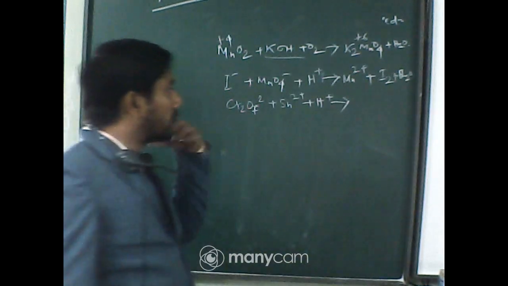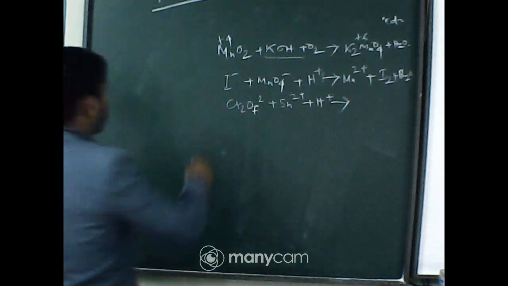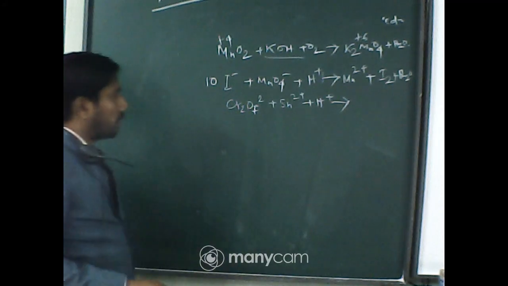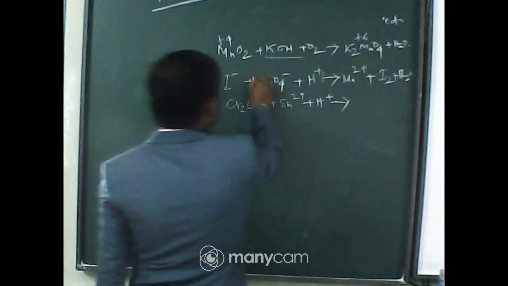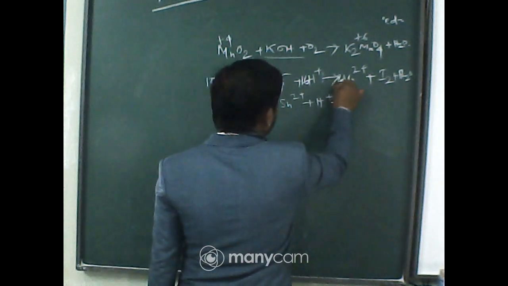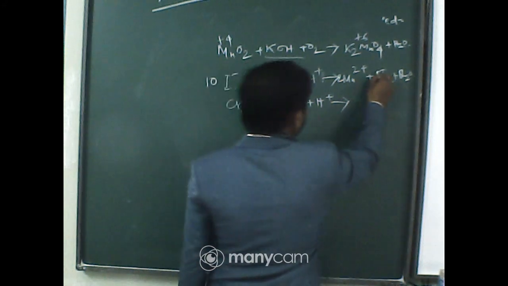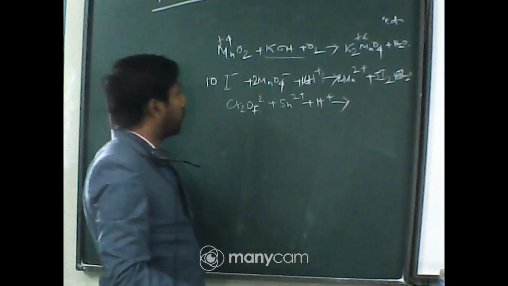Obviously, you have to balance the equation. If you balance it, the balancing factor is 10I minus plus 2MnO4 minus plus 16H plus. It will produce 2Mn2 plus, 5I2 and 8H2O.